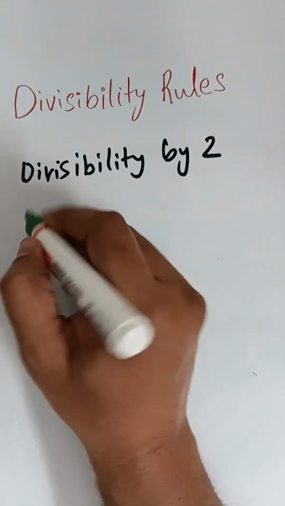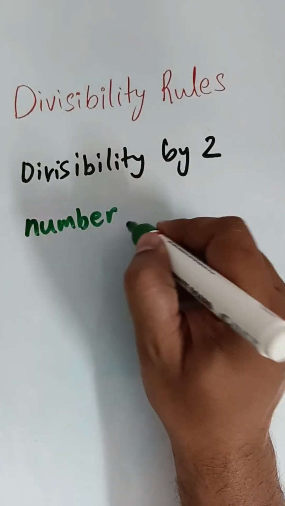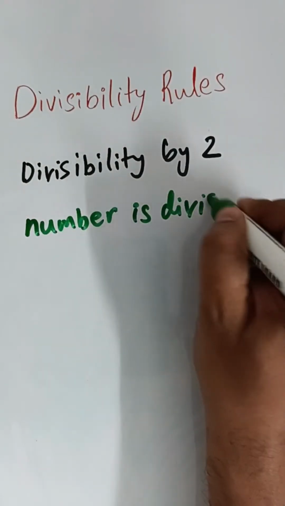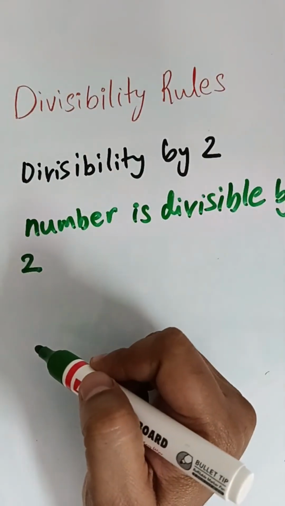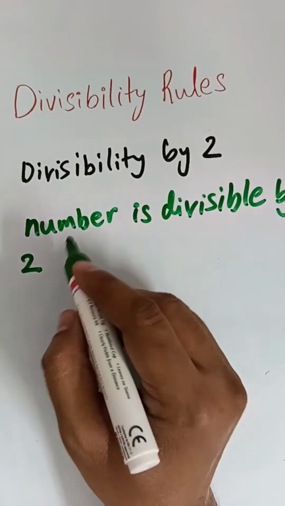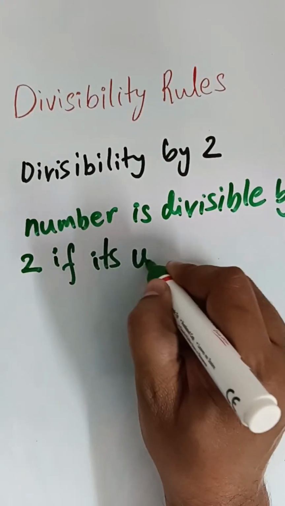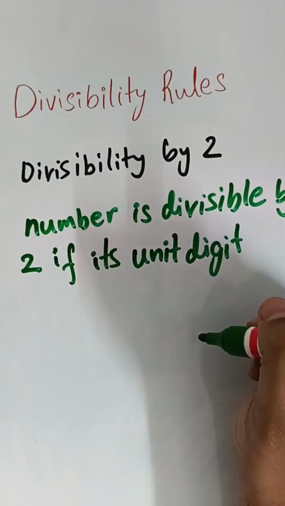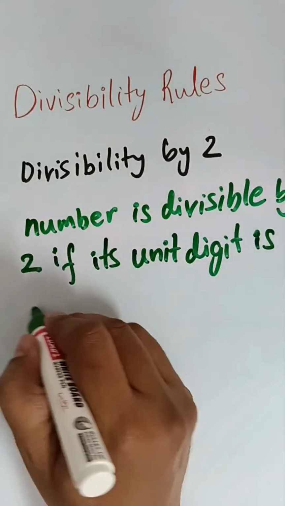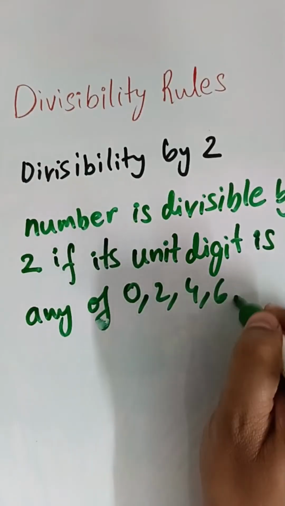If a number is divisible by 2, if its units digit or ones place digit is any of the following, that means 0, 2, 4, 6, 8.